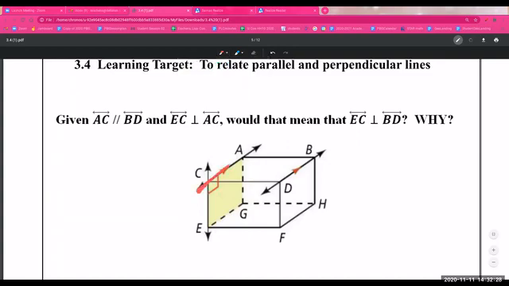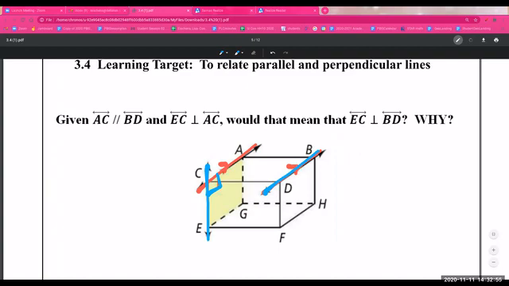So this says given AC, let me make my line thicker here. AC is this one and BD is this one, given that they are parallel, and they had those arrows there, so we know they're parallel. And also, EC is this line right here, is perpendicular to AC. Would that mean that EC and BD are perpendicular?